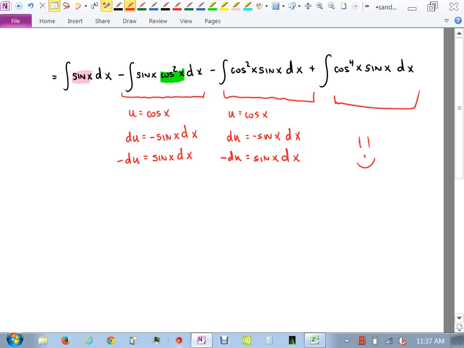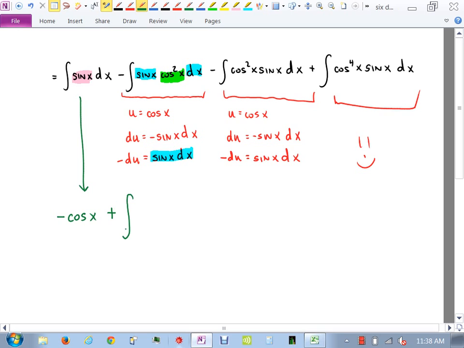So can we rewrite all those integrals now? This one, I'm just going to give us the answer, negative cosine x. What does this next integral become? What is the sine x dx? Negative du? And can't that negative come out in front and join that other negative and become a plus? So it'll become plus integral u squared du.